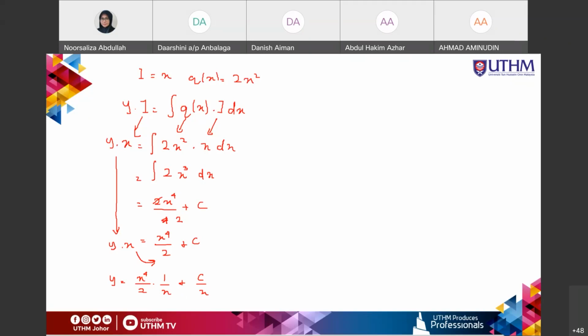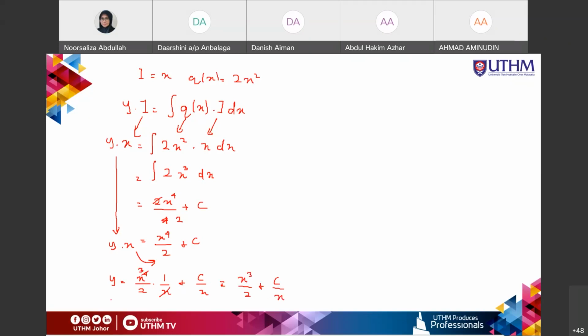So x power of 4 with x, this one will be x power of 3. So y equals to x power of 3 divided by 2 plus c over x.